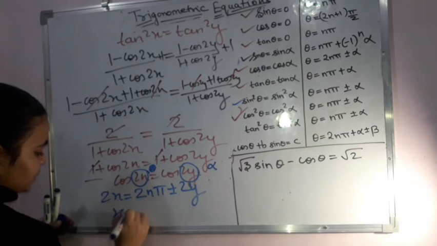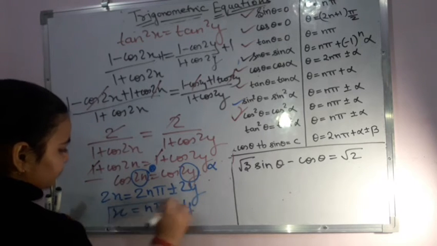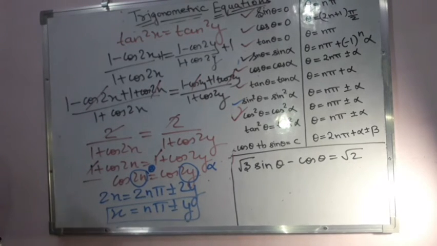That means x is equal to n pi plus minus y. This is my general solution. When tan square theta is equal to tan square alpha, then my solution is that theta is equal to n pi plus minus alpha, being the general solution of this trigonometric quadratic equation.